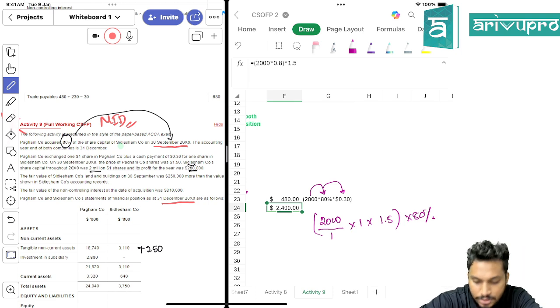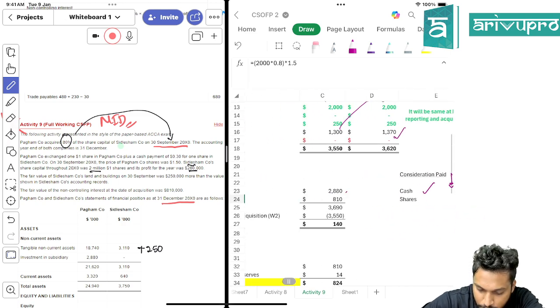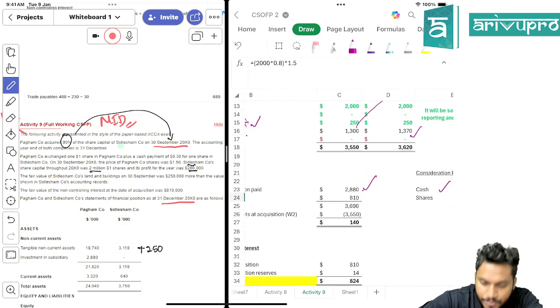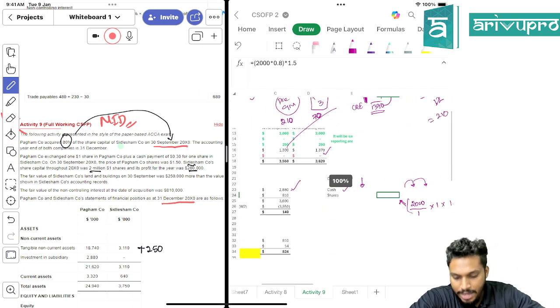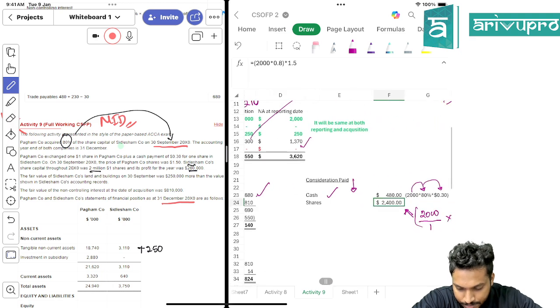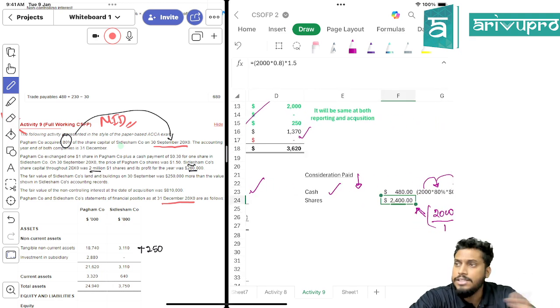So 80% of that is 2,400. The total consideration paid will be 2,880: 480 by cash and 2,400 by shares. Did you understand that?